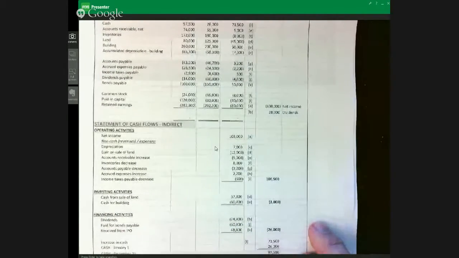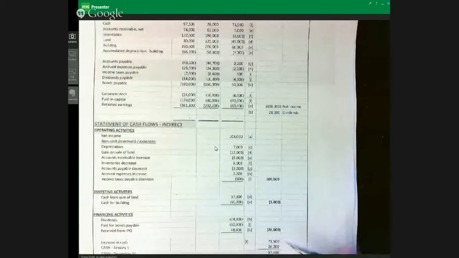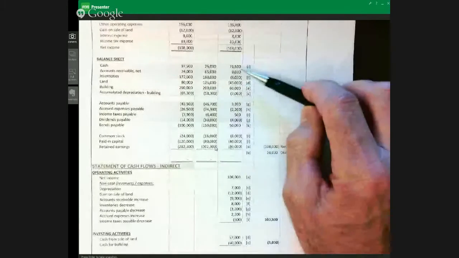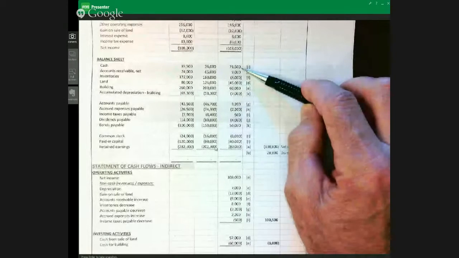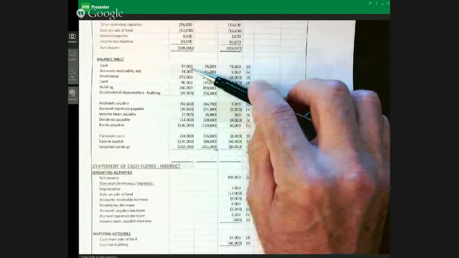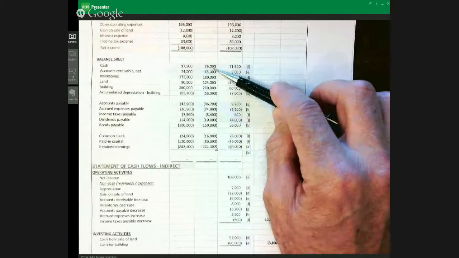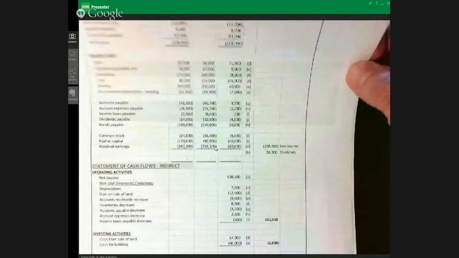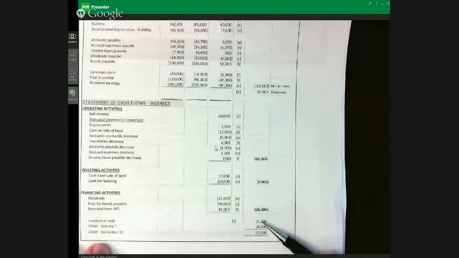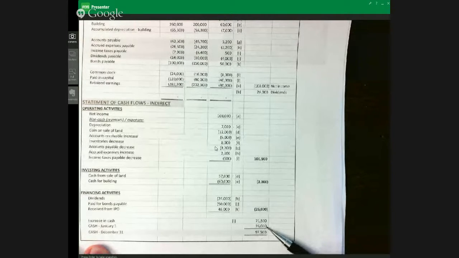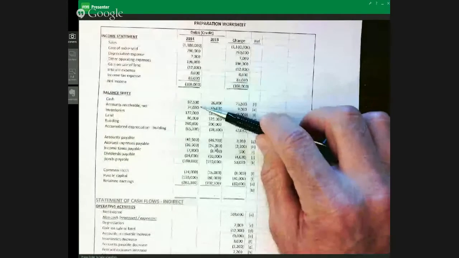So the increase in cash on the statement of cash flow should always equal the cash change that you see as the difference between the ending cash from this year's balance sheet and the ending cash from last year's balance sheet. So if we would take that increase in cash plus the cash that the business had on January 1, the final number on the statement of cash flow would be the ending cash that you would see on the current balance sheet.